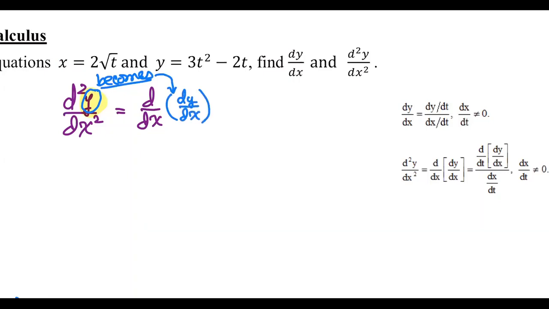Right? We're following the model. Normally I would say, I want to find the derivative of y with respect to x, but if I want to find the second derivative, I'm finding the derivative of the derivative. And so what does that look like?